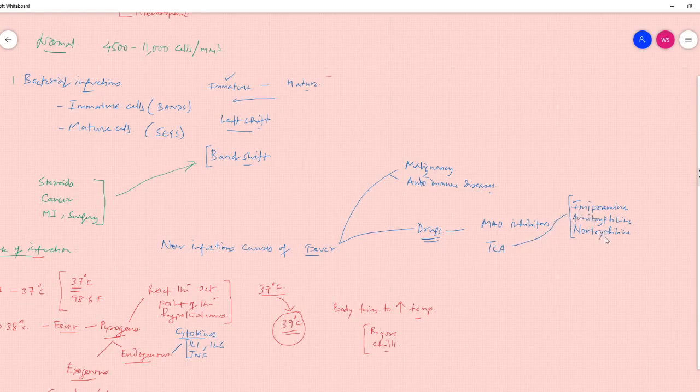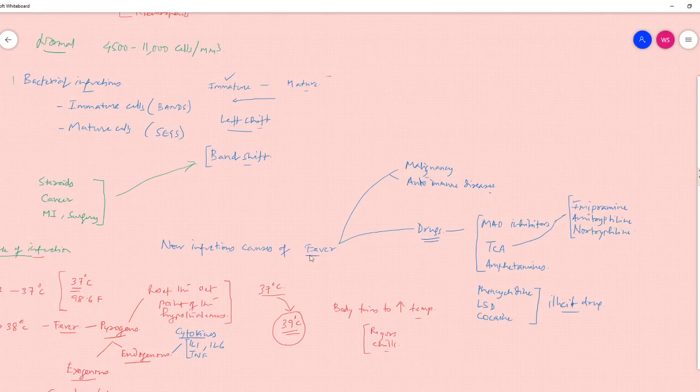Like imipramine, amitriptyline, nortriptyline, and there can be amphetamines. If the person is an illicit drug user of maybe phencyclidine, LSD or cocaine, these are illicit drugs, and that can also be a non-infectious cause of the fever.